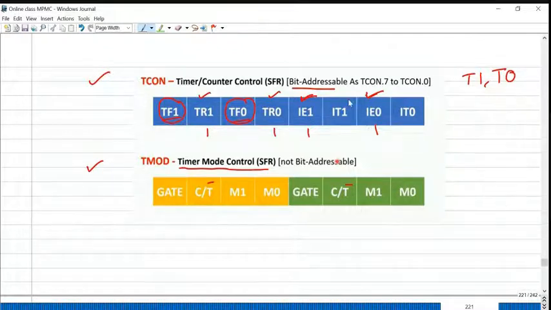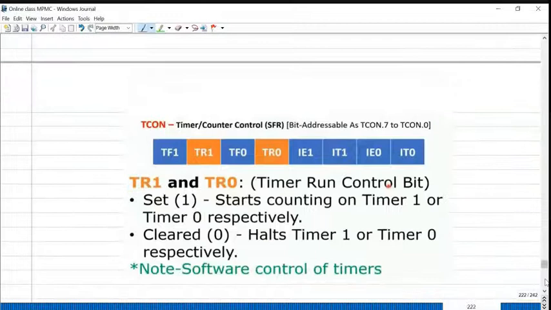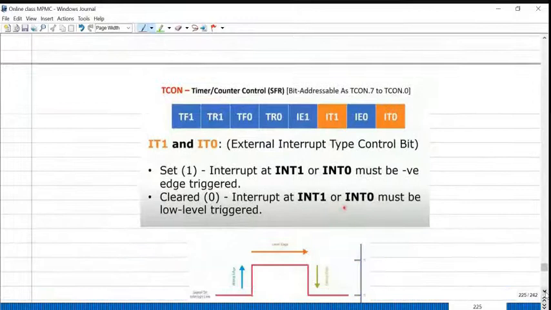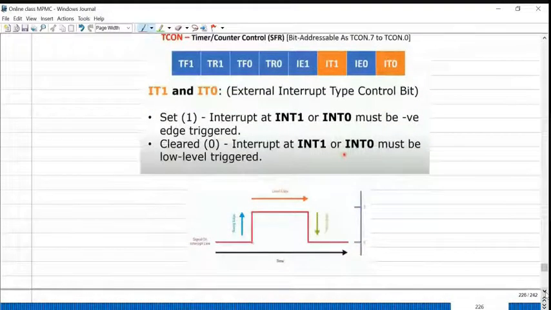Okay, two remaining bits are there. What is the function of these? IT0 and IT1. I will explain with an example. These are the external interrupt type control bits. If this particular bit is 1, it means the external interrupt received by the microcontroller through INT1 or INT0 is recognized during negative edge triggering.